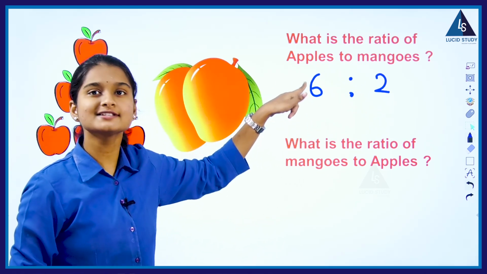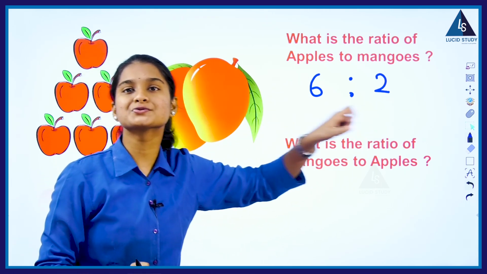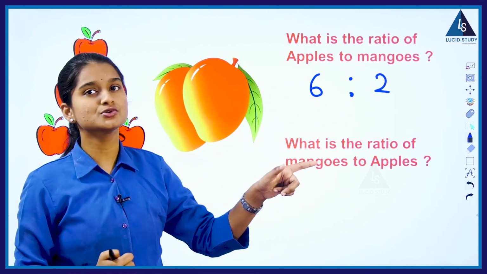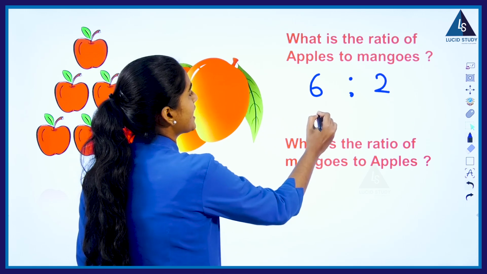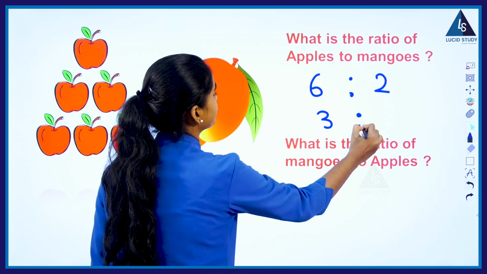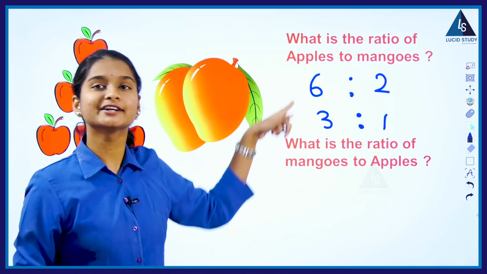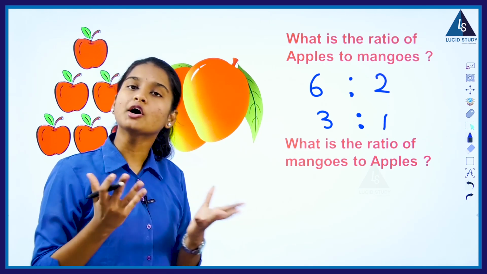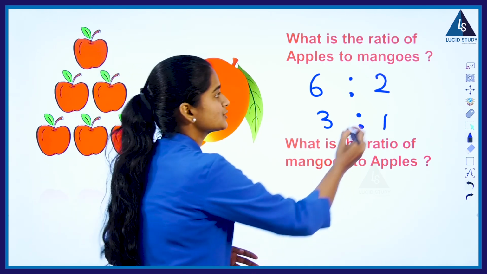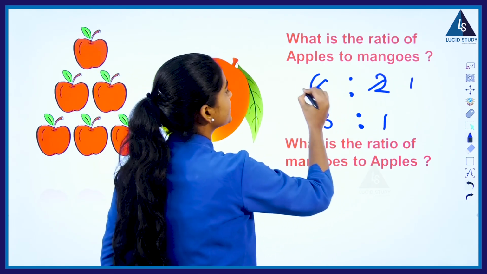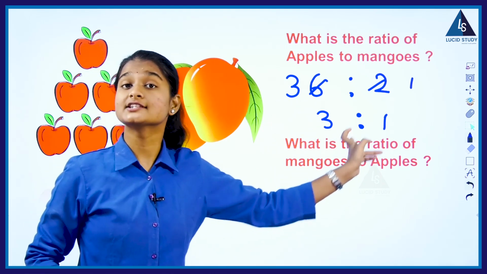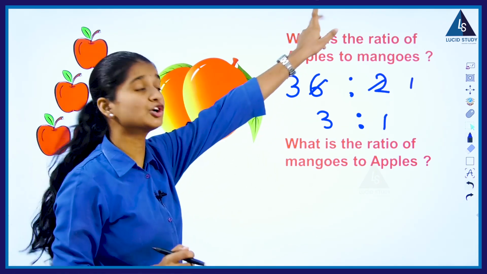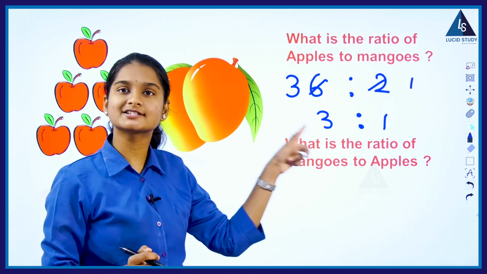The ratio is 6 is to 2. 6 is to 2 can be written as 3 is to 1 because I reduced it to the lowest term or simplest form. Because 2 ones are 2, 2 threes are 6. We get 3 is to 1. Therefore, ratio of apples to mangoes is 3 is to 1.